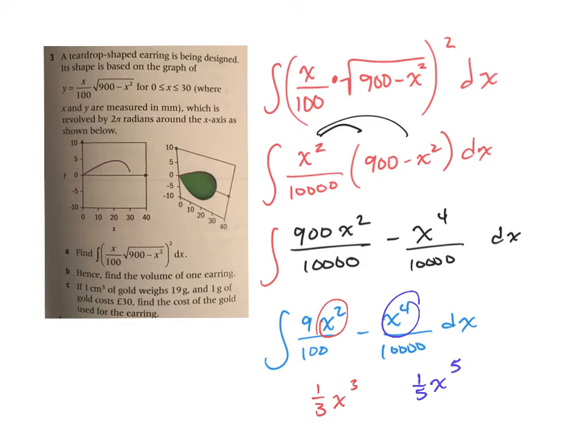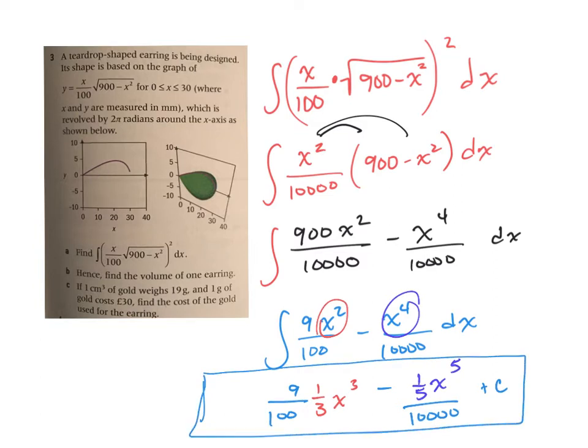And they're still going to have their same coefficient, so dividing by 10,000 here and multiplying by 9 over 100 here. Cool. Plus c. So this right here is the antiderivative for part a.